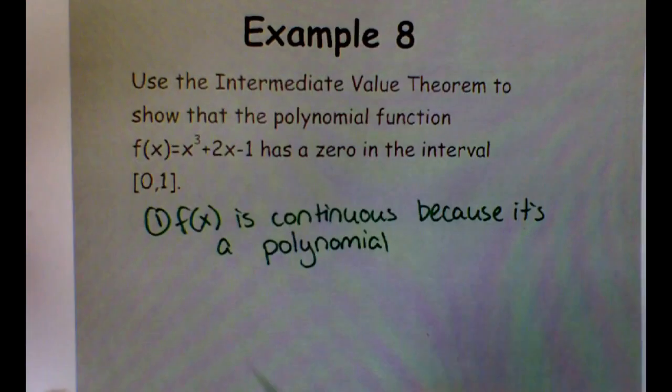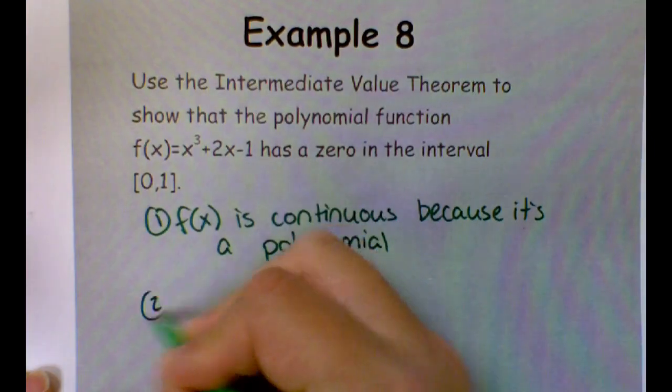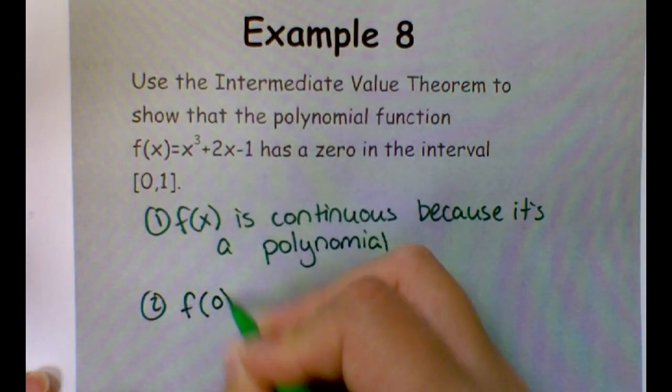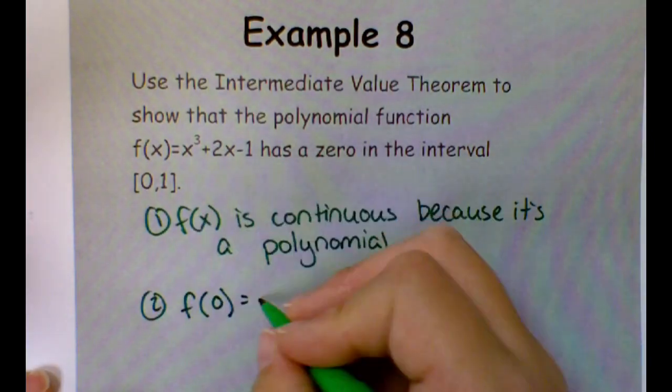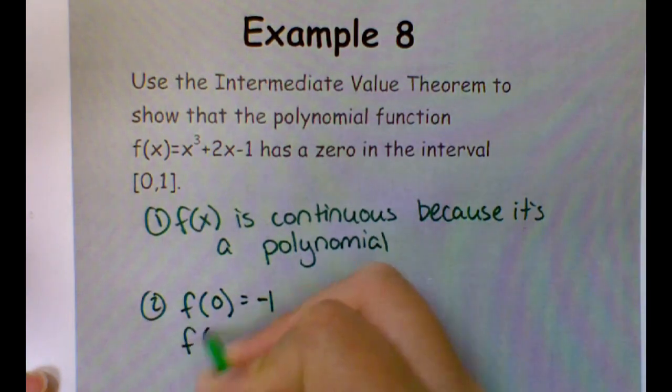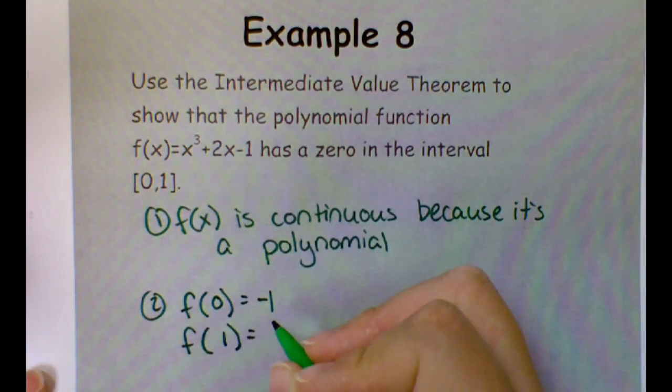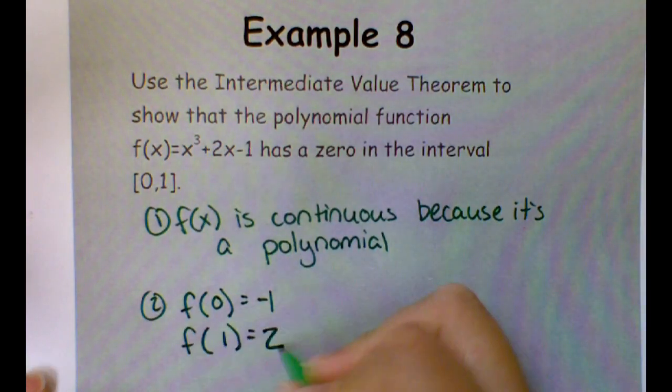Then we have to show f of a and f of b. F of 0 is, plug that in, I get -1. F of 1 is 2. Those differ in sign.